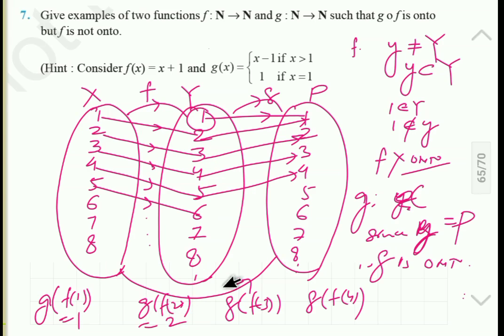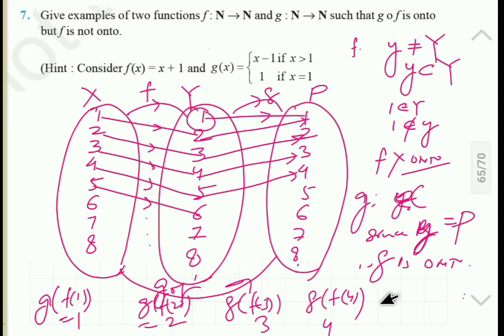For g of f(3), we pass 3 inside, it gives 4, and 4 is mapped to 3. Every element is being mapped in the case of g∘f.